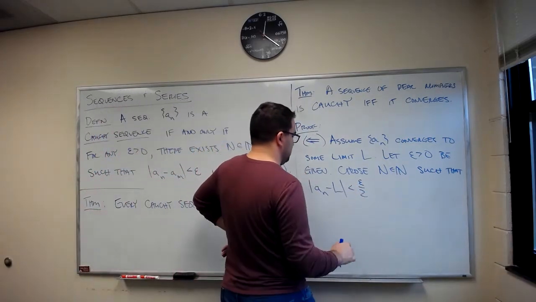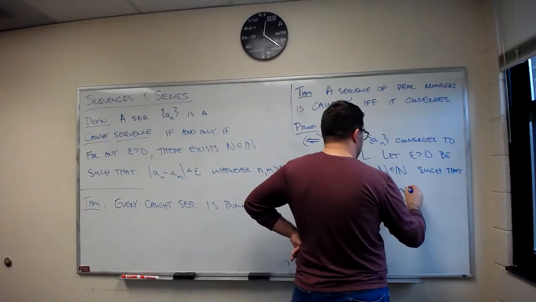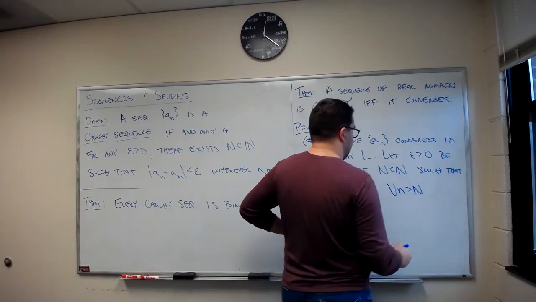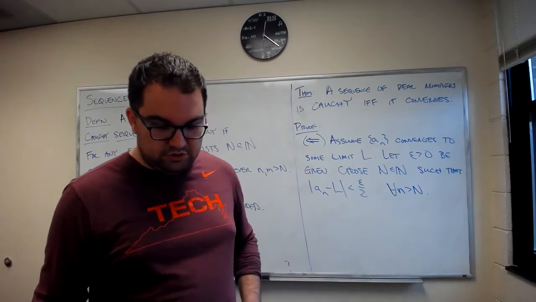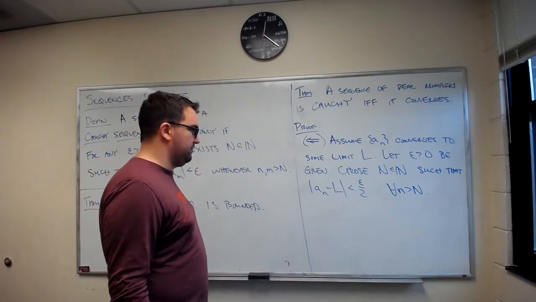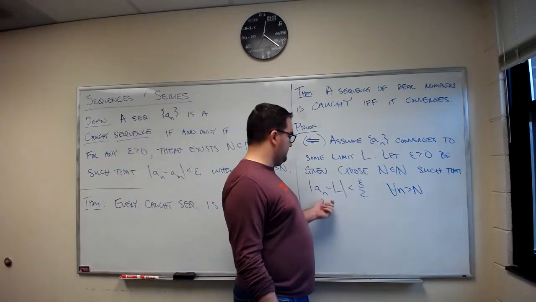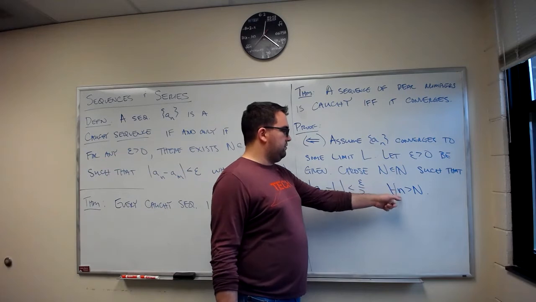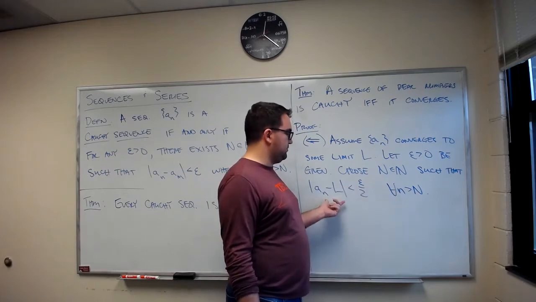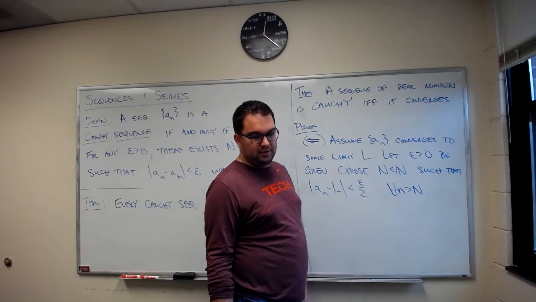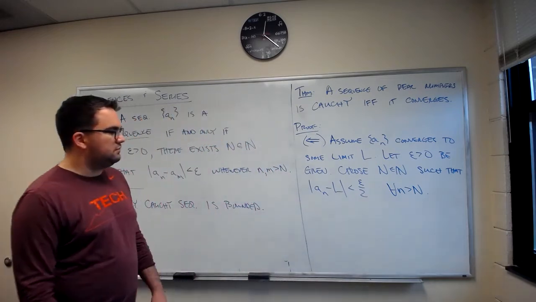So |a_n minus L| is less than epsilon over 2 for every little n greater than capital N. Why can I do this? I can do this because my sequence is convergent, right? That's what it means for a sequence to be convergent. I can always choose a capital N such that whenever little n is greater than capital N, |a_n minus L| in absolute value can be made arbitrarily small. All right.